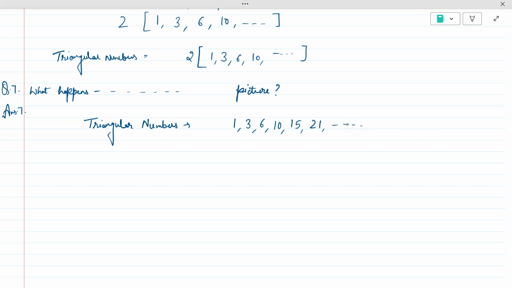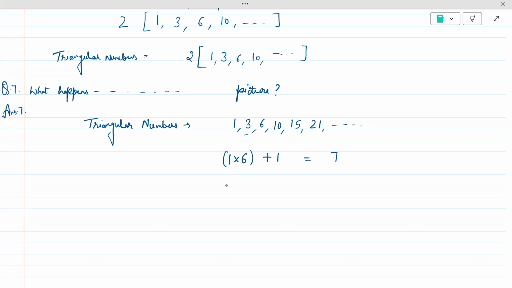Okay, now what we are supposed to do, we have to multiply them by 6 and add 1 to it. So I am adding to the first one, multiply by 6 and add 1. This will give me 7.